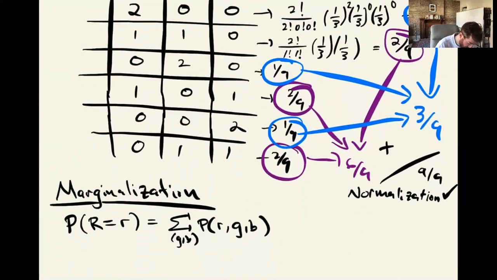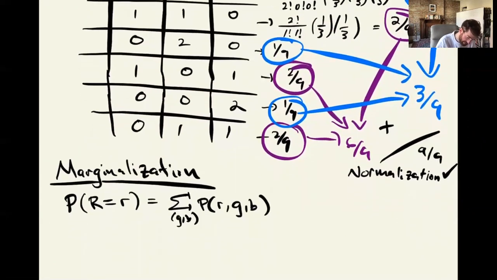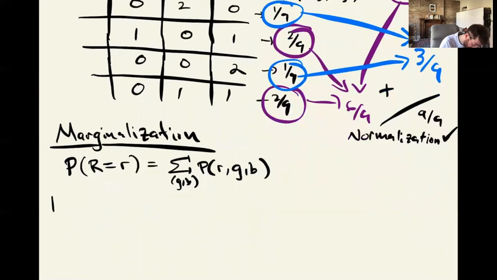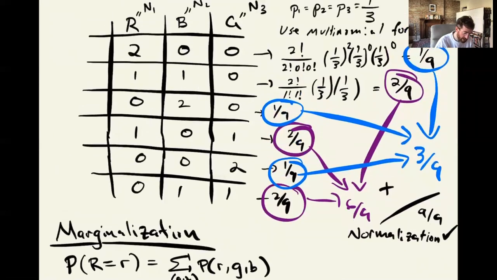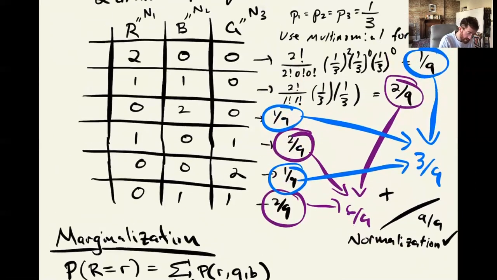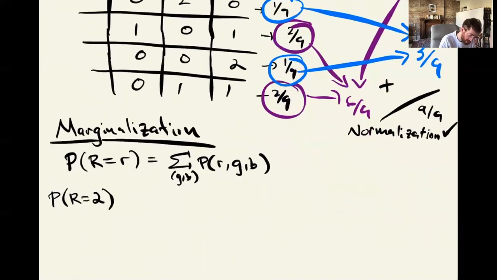So what does that mean in this case? Well, let's say I want to compute the probability that I get 2 red balls. Again, drawing with replacement. Well, I can see I've only got one way of that occurring, which I just computed was a 9th. So this ends up equaling 1/9.